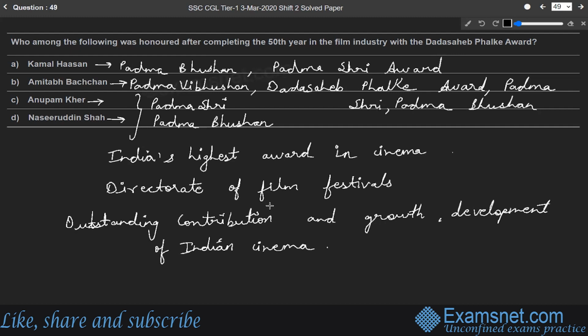And Amitabh Bachchan contributed towards the growth and development of Indian cinema. That is why he was awarded India's highest award, the Dada Saheb Phalke Award. So for this question, the correct option is option B, Amitabh Bachchan.